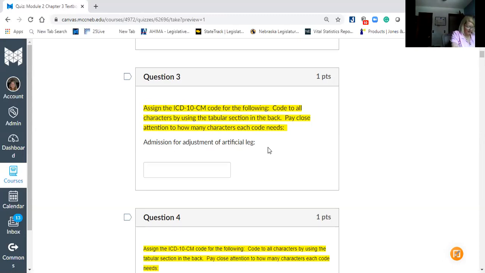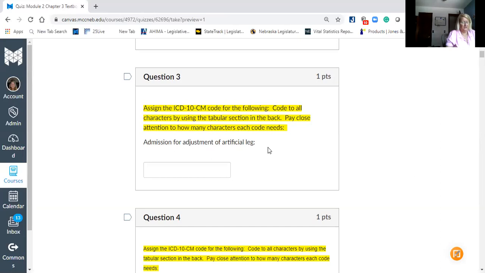There is adjustment. Okay, so admission. I have it on page 13 in my alpha index for the coding manual. Admission down to, we are adjusting, artificial, and then it's an artificial leg. Doesn't say anything about complete or partial, does it? So we want to do the legs.